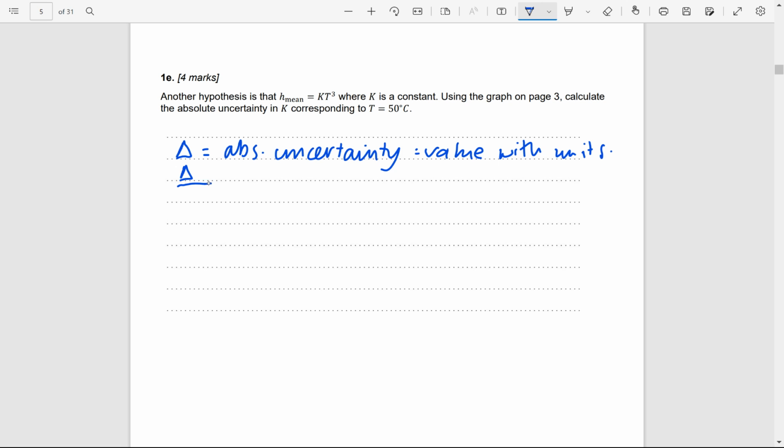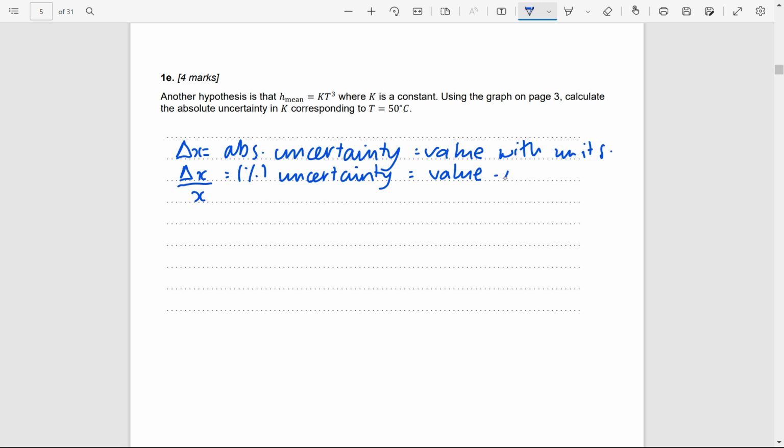When you've got a delta sign and then a divide by a value, so for example, delta x is absolute uncertainty in x. If we have delta x divided by x, that means we have percentage uncertainty, or a fractional uncertainty.